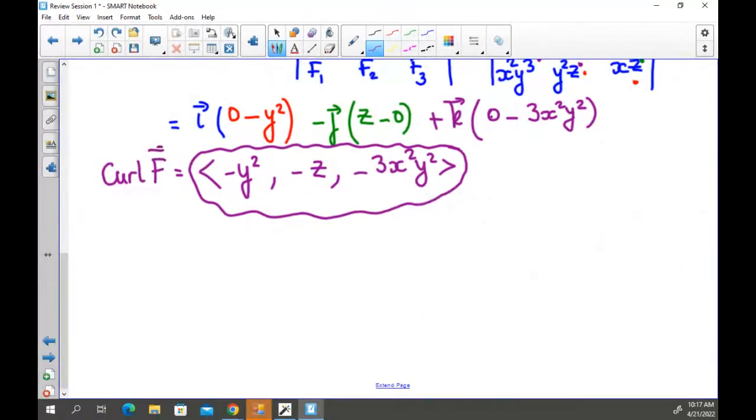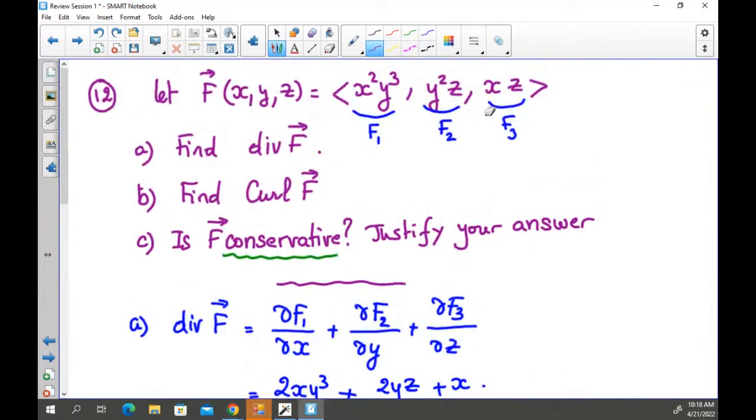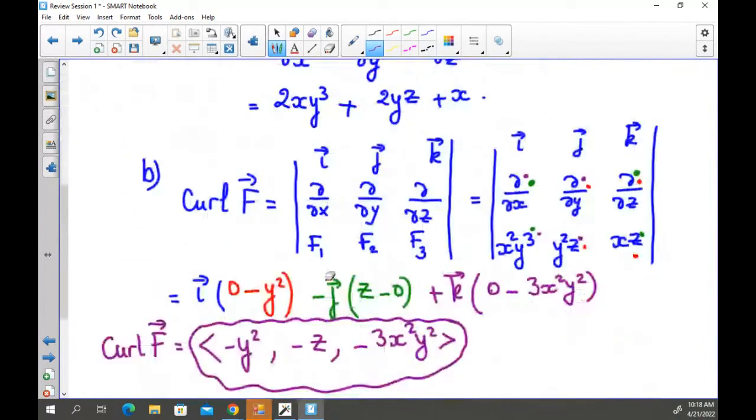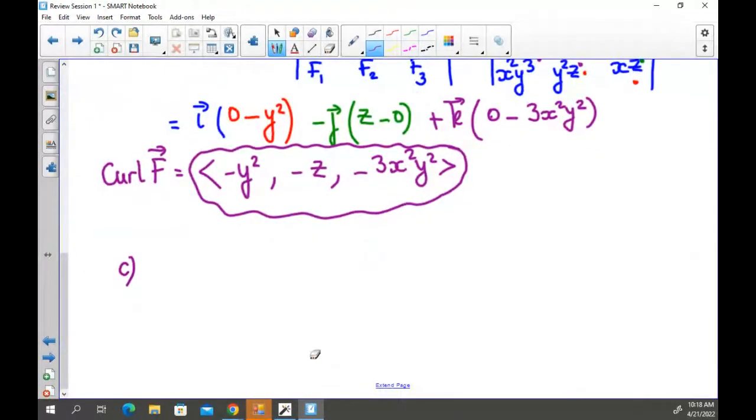Now, part C, is this function f conservative or not? So is this function f conservative? Do you remember how we do that?